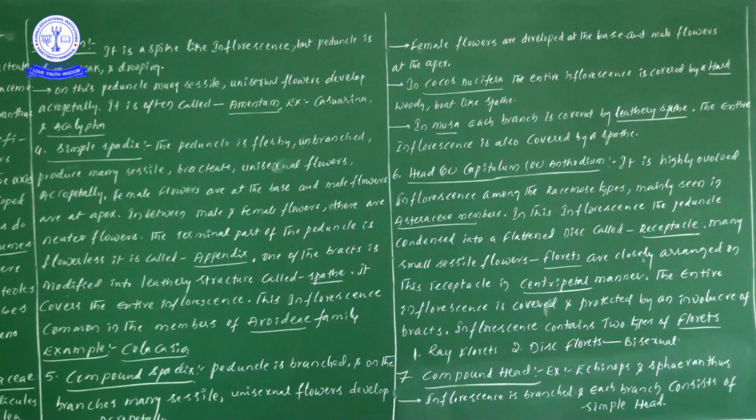Female flowers are developed at the base and male flowers are present at the apex. These points we need to remember in simple spadix as well as compound spadix. The best example in compound spadix is Cocos nucifera, the scientific name of coconut.